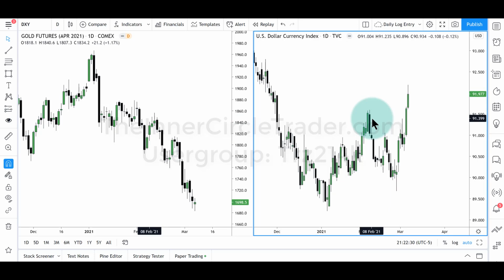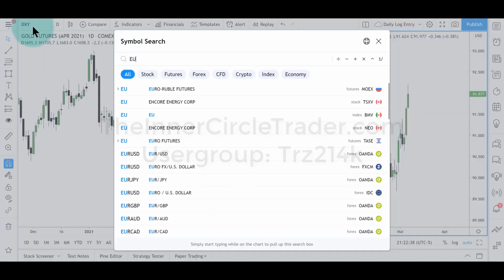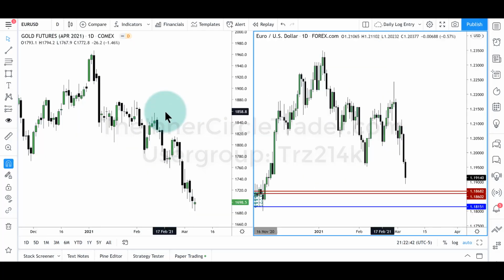It's the same trade. If you look at this drop down here, and we look at the euro dollar, here's January, it's gone lower. Here's January, it's gone lower. They're both doing the same thing, opposite to dollar.